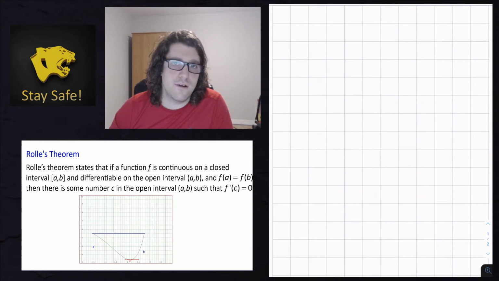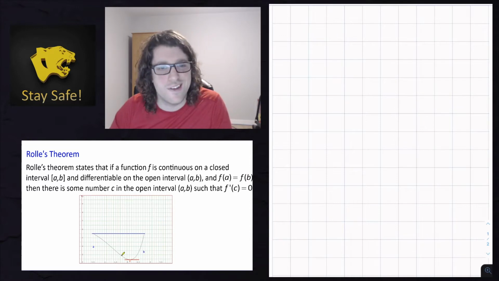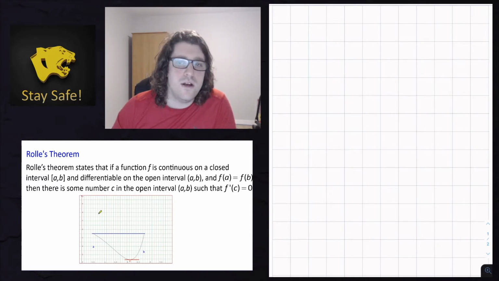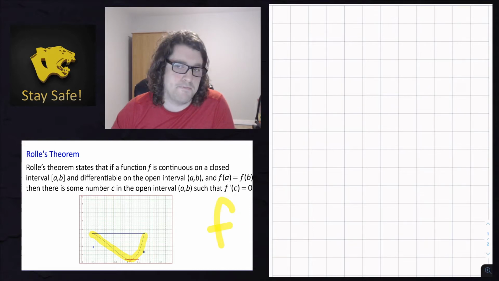So let's go through this and get an idea of what is being talked about. I'm going to draw on this as we come across each part. This little curve here in our particular example is our f function.